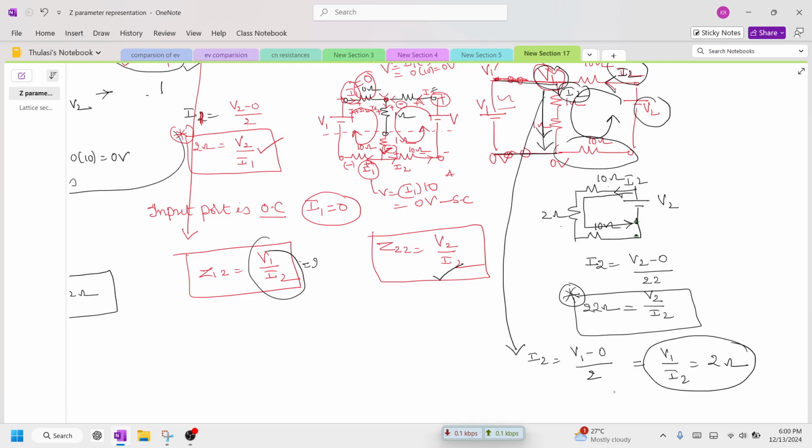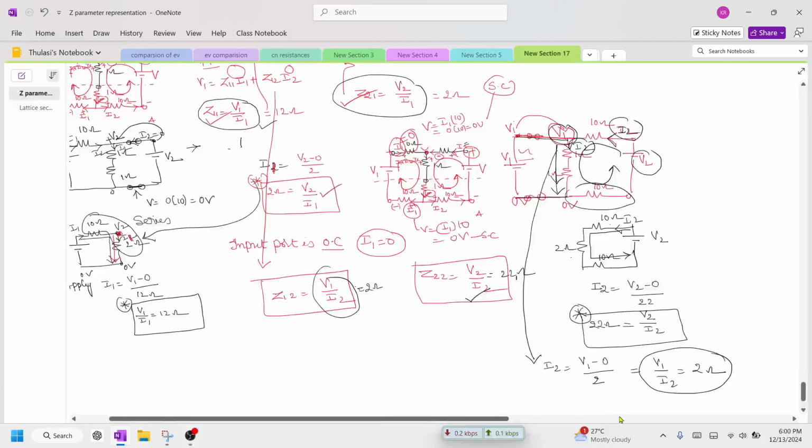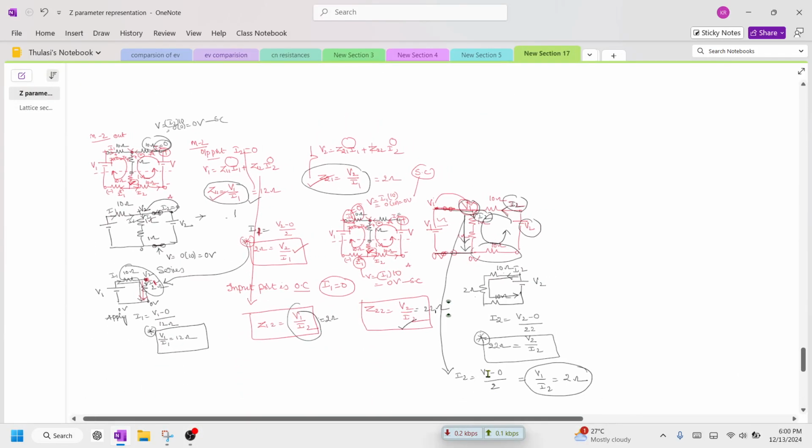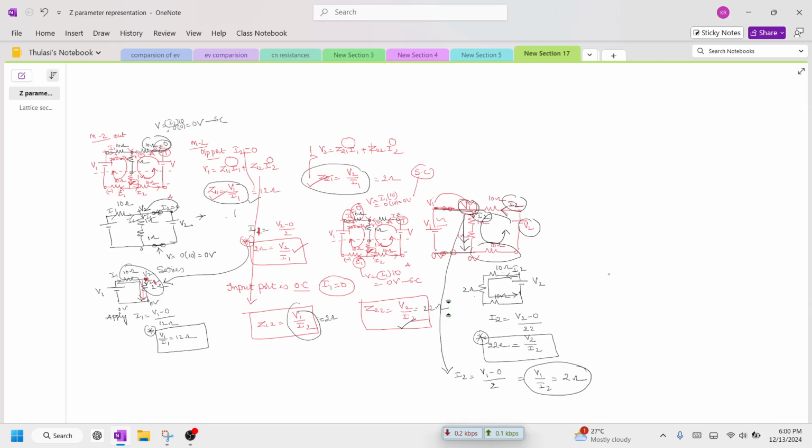So now V1 by I2 is 2 ohms and V2 by I2 is 22 ohms. Let's try to verify with our first method. So now we have got the parameters. Let's try to write them down in a diagrammatical manner. So we have got Z11, Z12, Z21 as well as Z22.